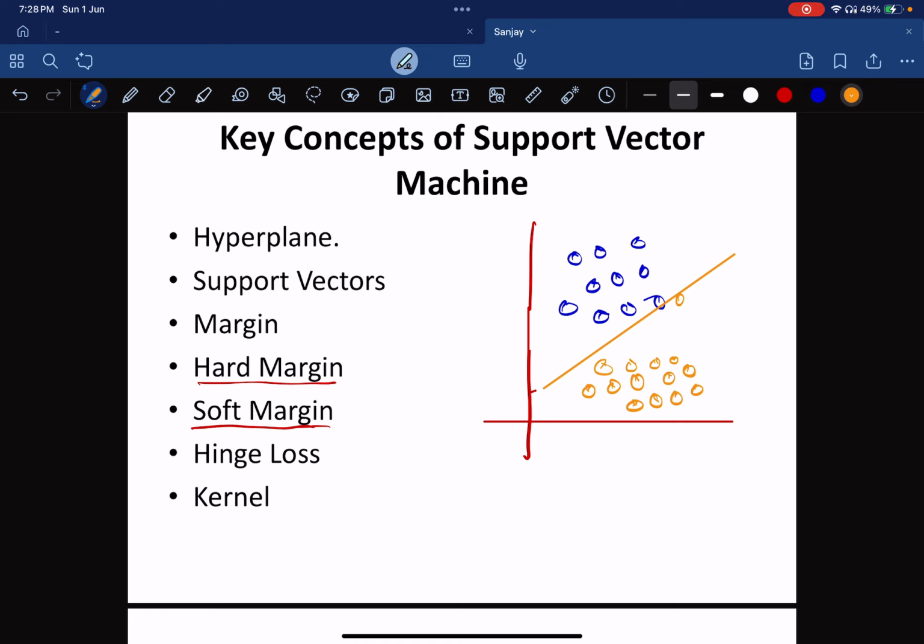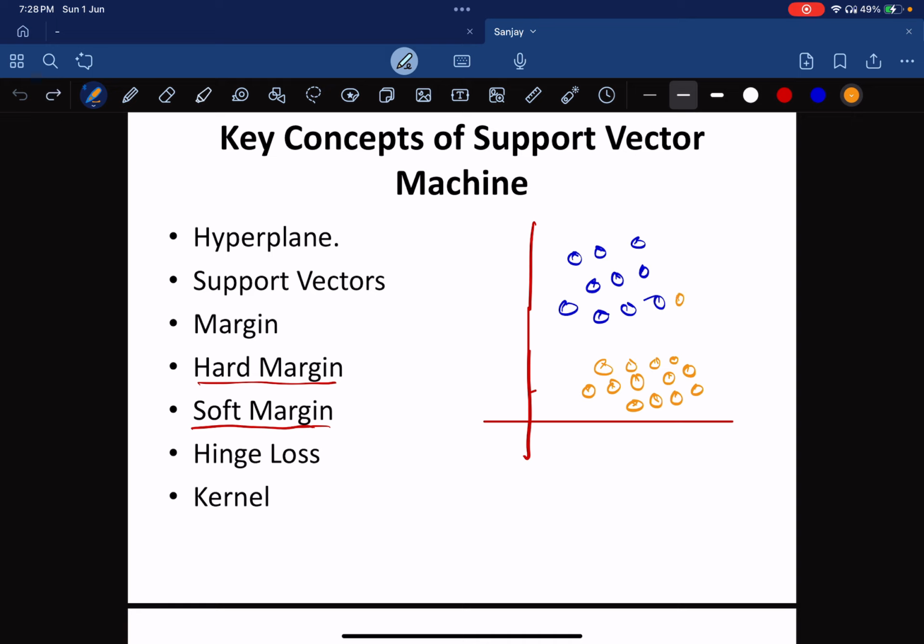The data points below the line are strictly in class 1, and the data points above the hyperplane are strictly in class 2. But in the soft margin, it allows some data points into any other classes.